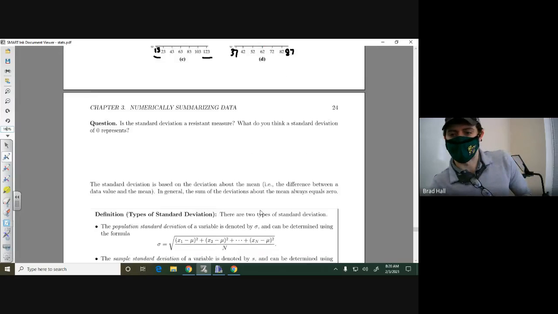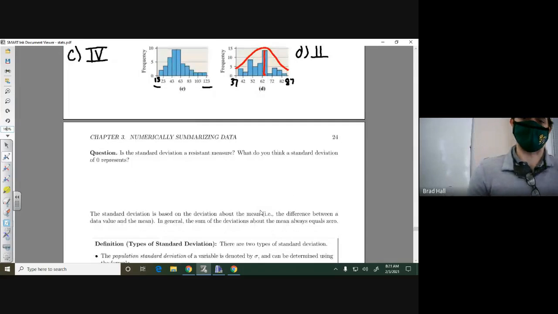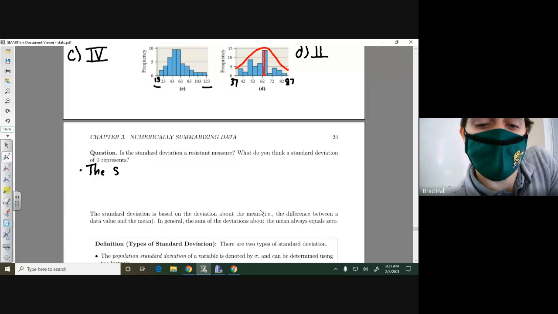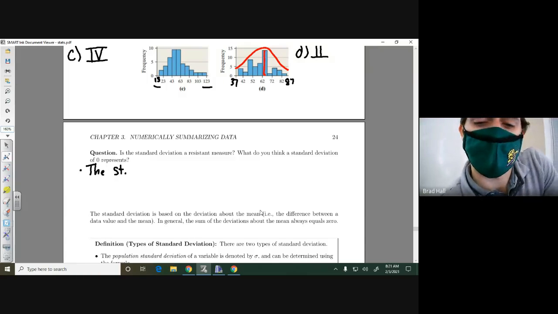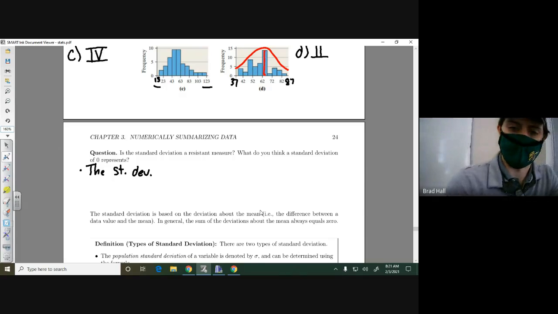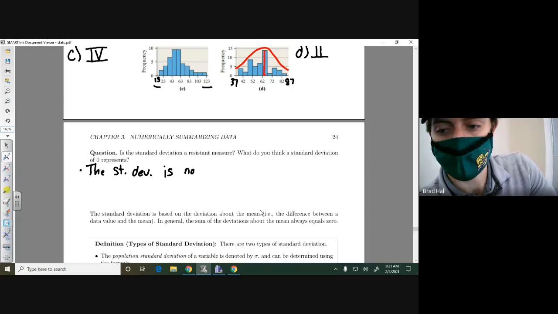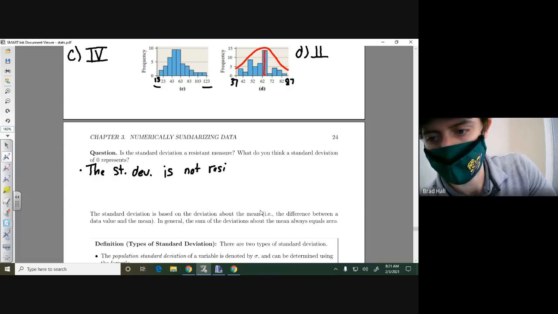And you can ignore those formulas at the bottom of the screen right fast. Those get a little intimidating for some people at first. Normally I'll notate the standard deviation like that. I'll write that quite a bit. The standard deviation is not resistant.